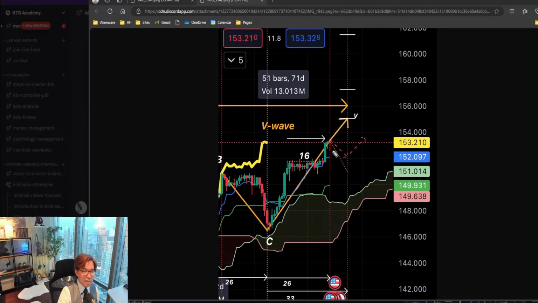Kihon Suchi works on the cycles, on the swing highs and swing lows, and also the range breakout. You know, this was 16. And as I mentioned, one of the Kihon Suchi is 17. So 16 is very close to 17, only one candlestick difference.